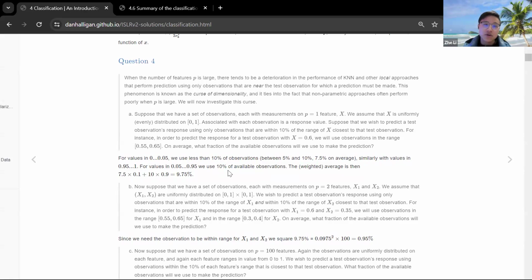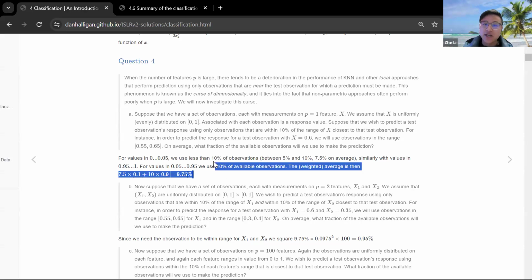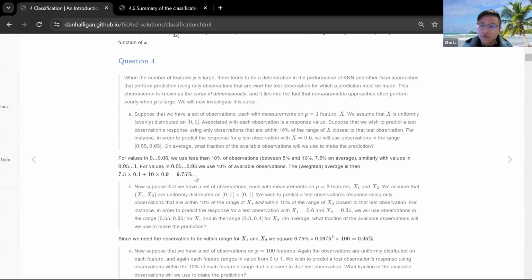So if we constrain the range to just 10% around the observation, I think the area that we want to capture on the line is also 10% around each observation, but the result I get is 9.75. I don't know why. I don't know if someone gets the same result as me, 10%.